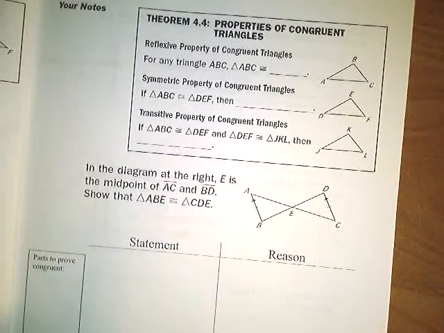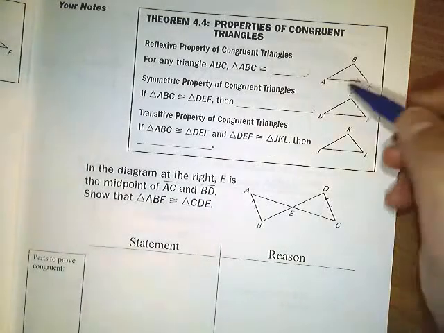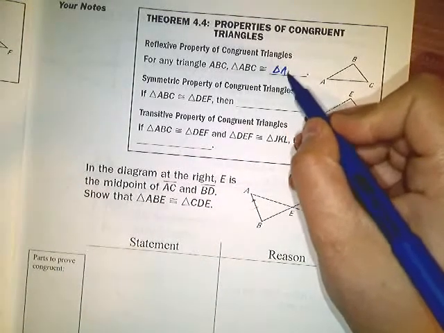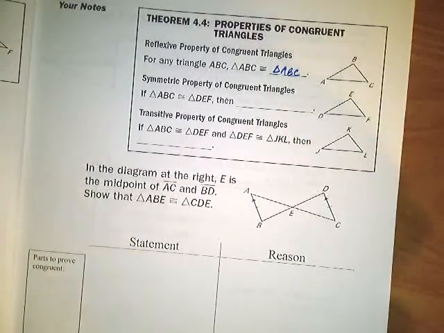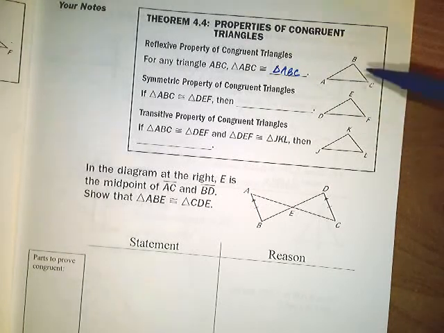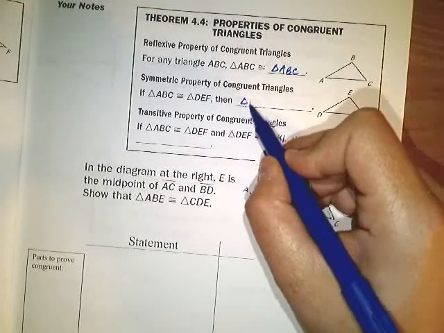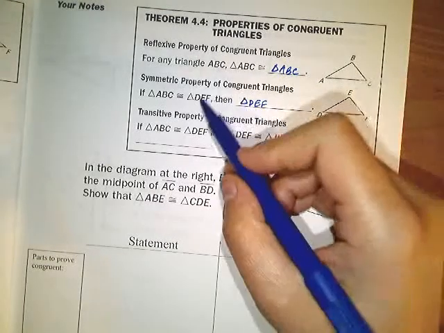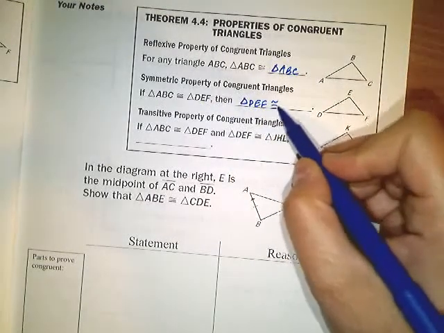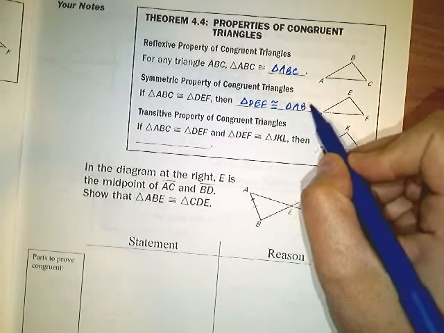Okay, properties of triangles. The reflexive property says that any triangle would have to be congruent with itself. The symmetric property says that if a triangle is congruent to another one, you can state that in the reverse order, meaning that triangle DEF is congruent to triangle ABC.